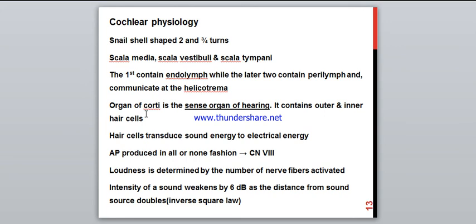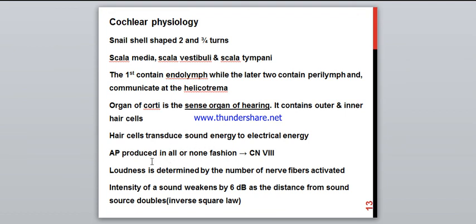The main cells that help us to hear are in the organ of Corti, which we call the sense organ of hearing, and it contains the hair cells, outer and inner hair cells. Hair cells transduce sound energy to electrical energy, that is action potential.